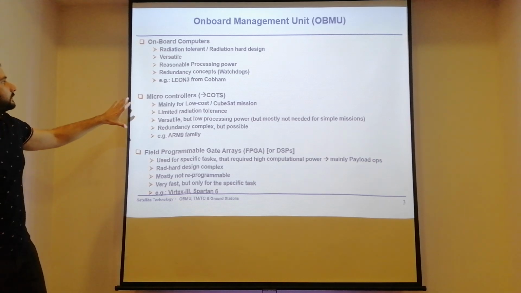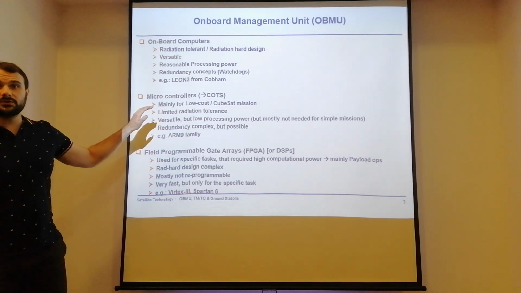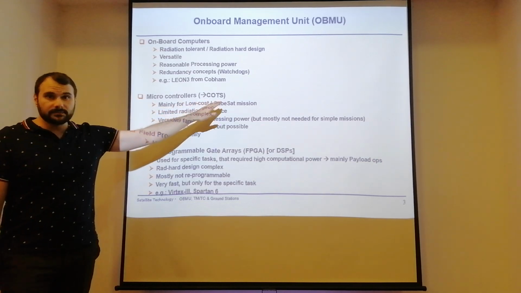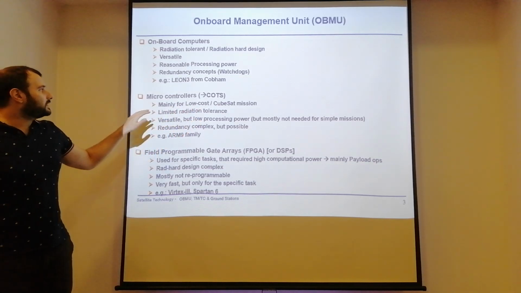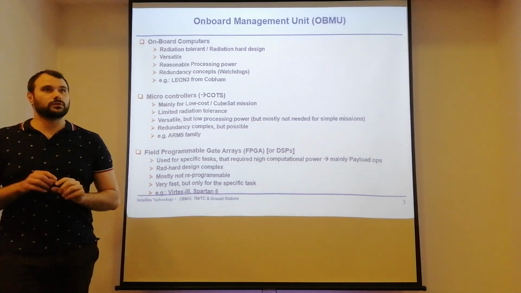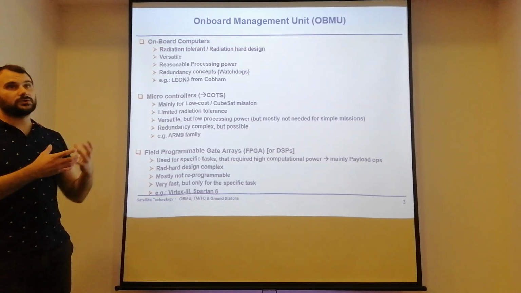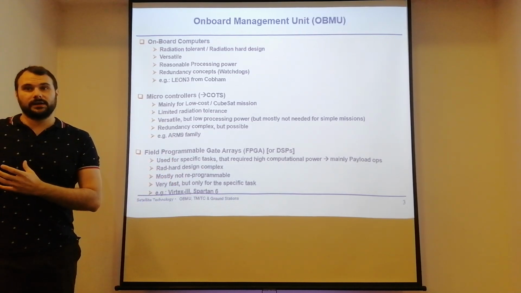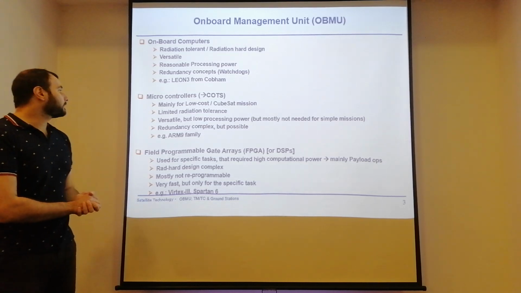A second group would be microcontrollers, usually commercial off-the-shelf or COTS. Those are mainly used for low-cost or CubeSat missions, where you have a small microcontroller as a central unit to manage all the actuators and sensors and the onboard software.